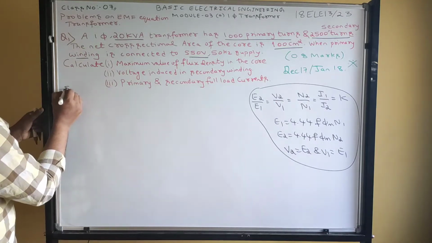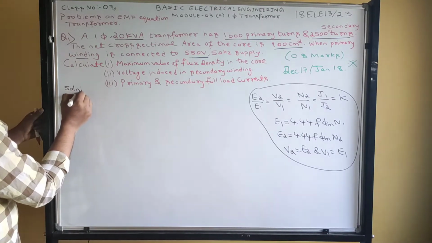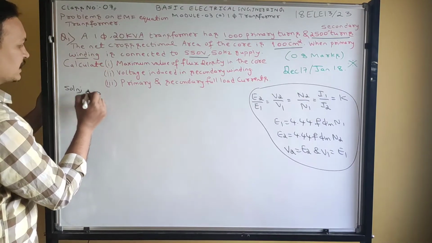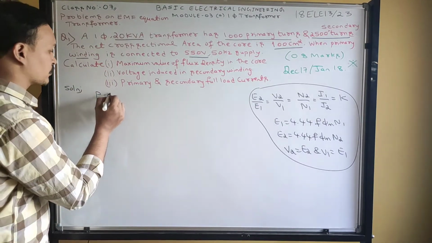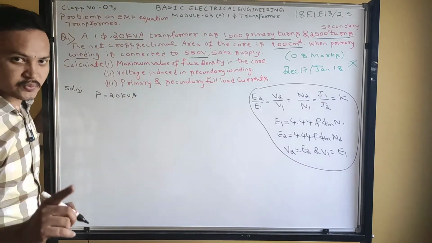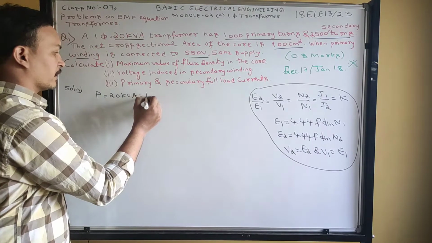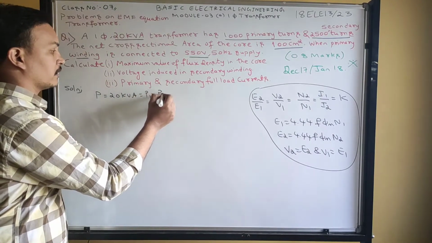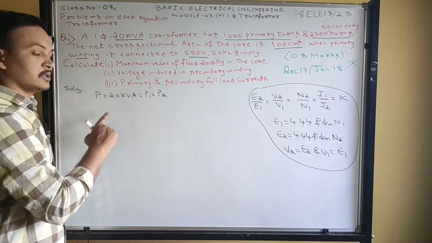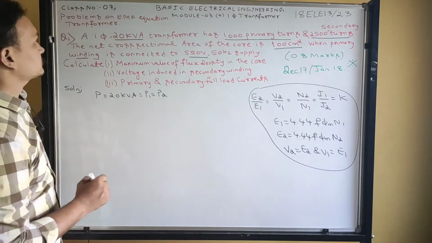So it is a very simple problem. Concentrate. See what data is given. The power rating of the transformer is 20 kVA. Keep in mind that in a transformer, the primary power and the secondary power will be the same.